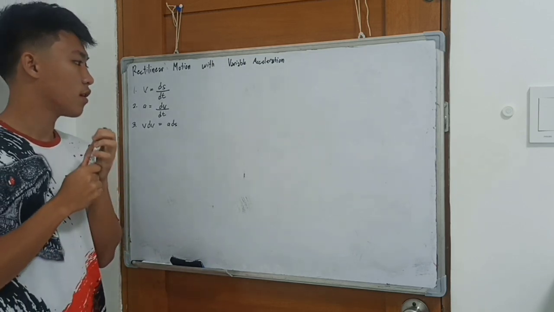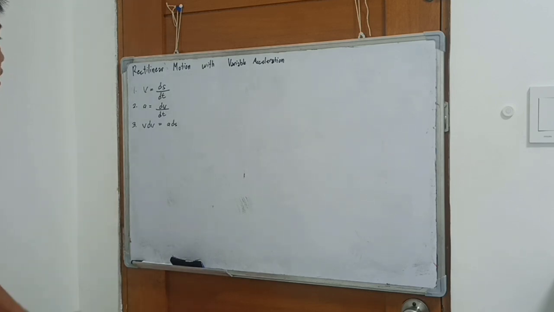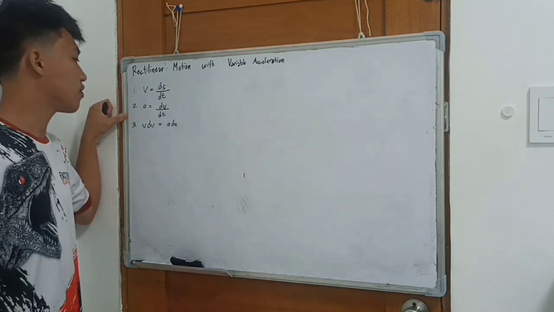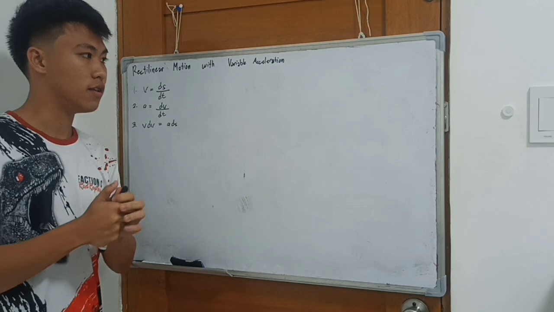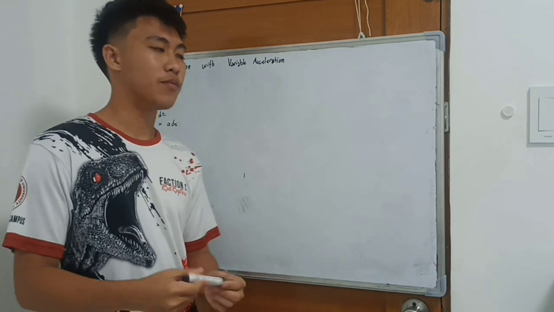So how do we get the velocity or the acceleration when we don't know the principle? So let's also know the principle.